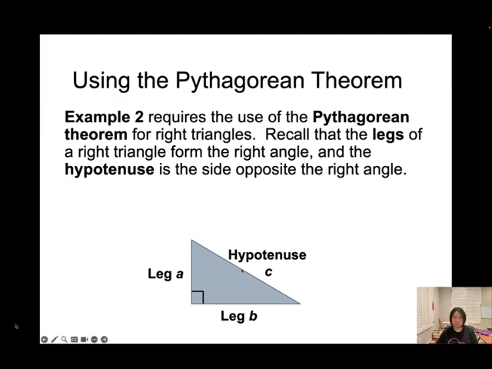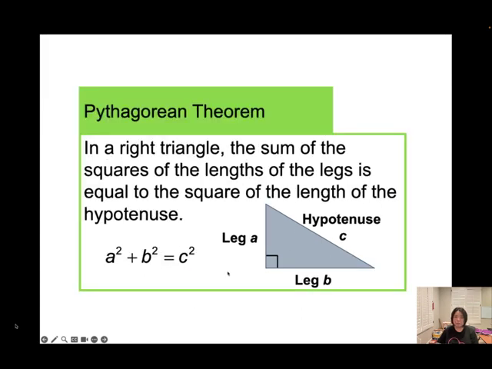One more time. Hypotenuse, the longest side, is always opposite to the 90 degree. And then we have the formula: A squared plus B squared equal to C squared. A and B here, you could switch it, doesn't matter. But for the C, the longest side is always equal to C squared, the hypotenuse squared.